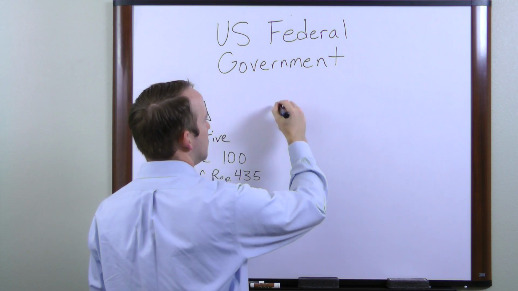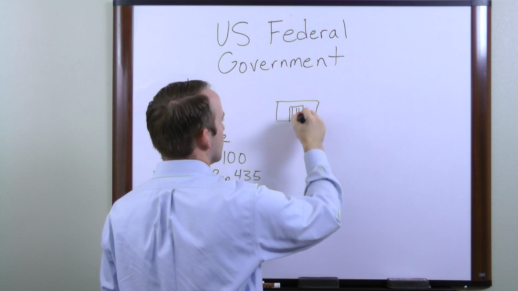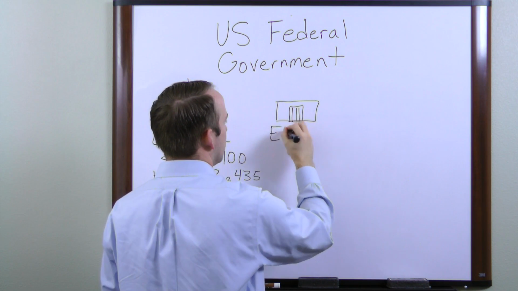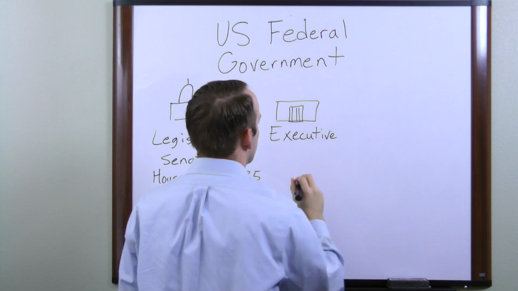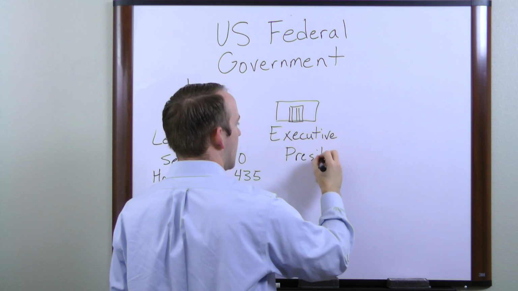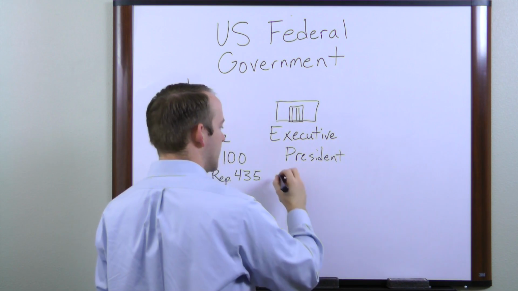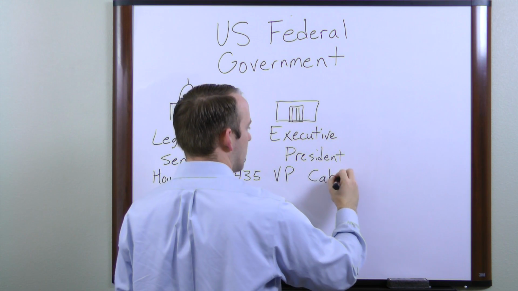The second branch is the White House, and it's the executive branch. The executive branch includes the president, and you have the vice president and the cabinet.